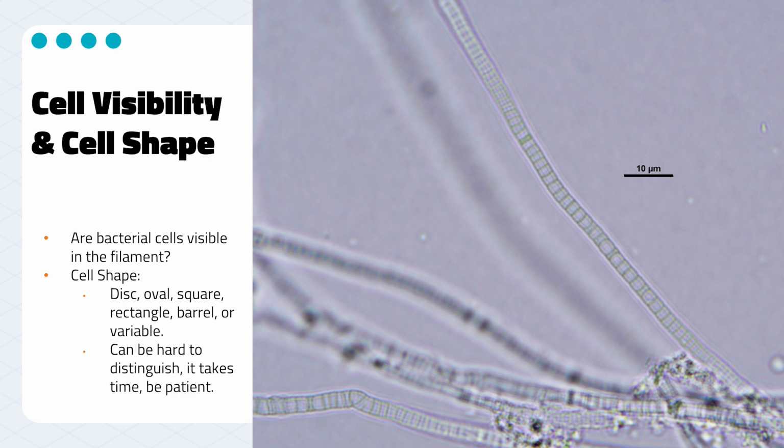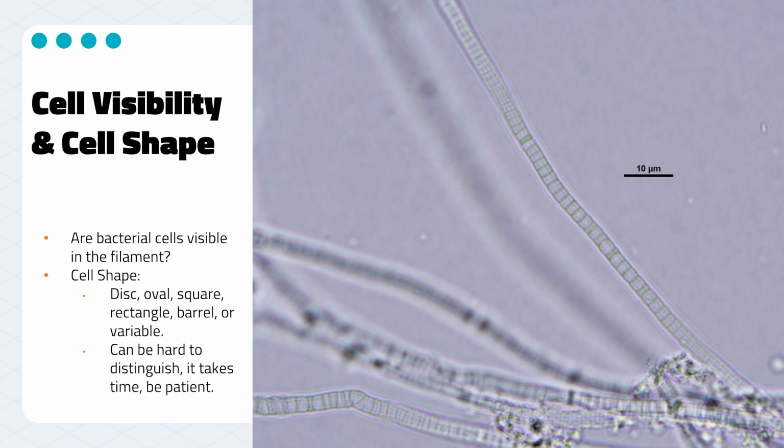If you can see those cells within the filament, you can begin to identify what sort of shape those cells take within the filament. They tend to be present as either a disc, an oval, a square, a rectangle, a barrel, or variable. But this can be a little bit tricky. It's very difficult, really, to identify the shape of a cell.